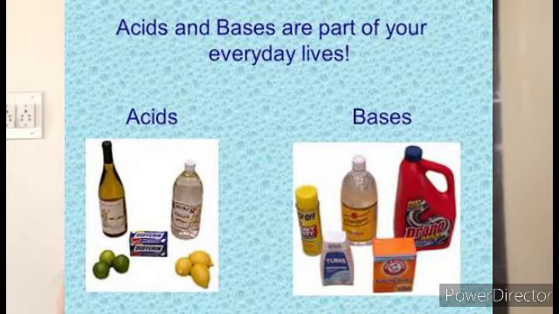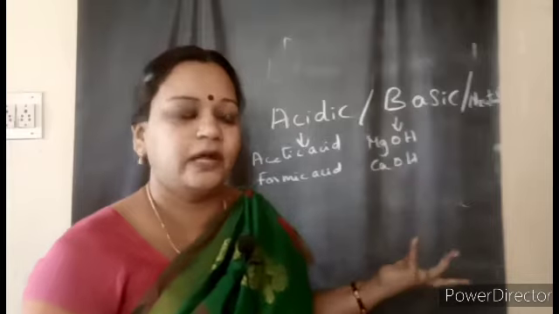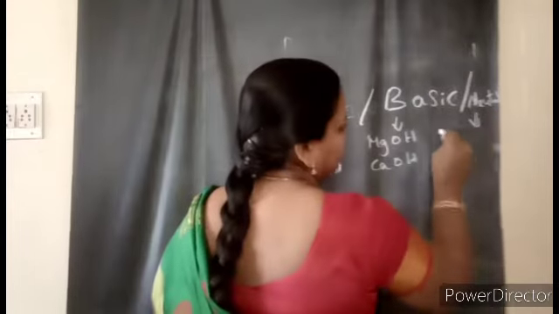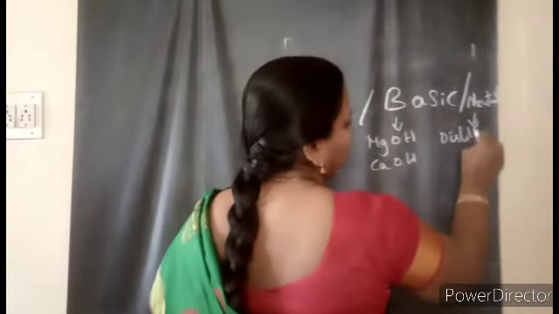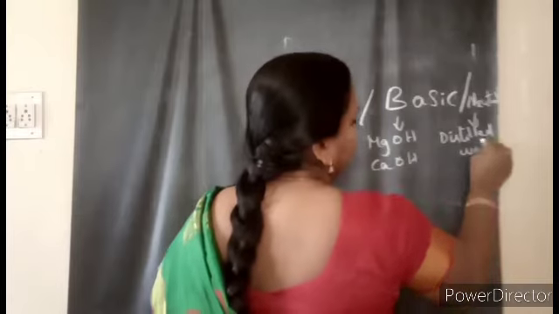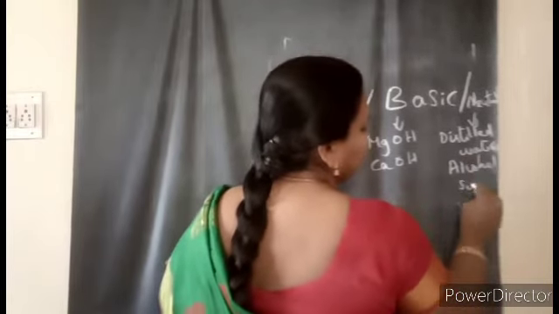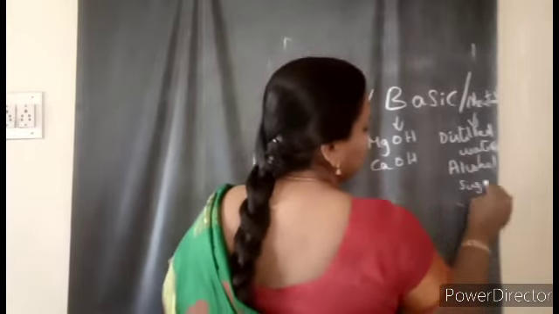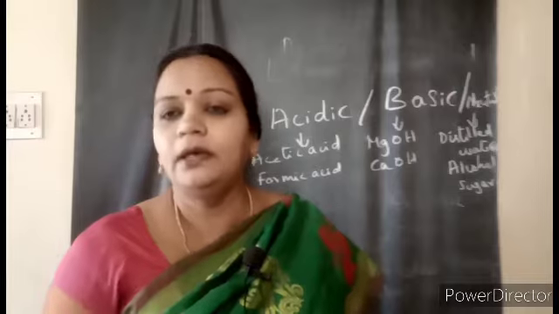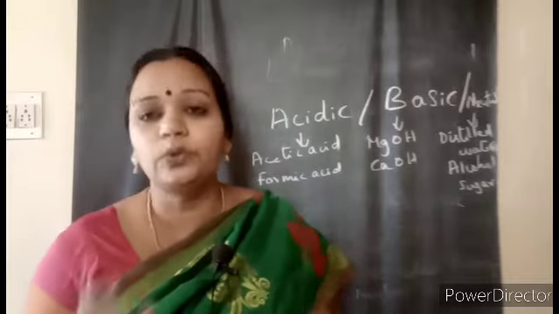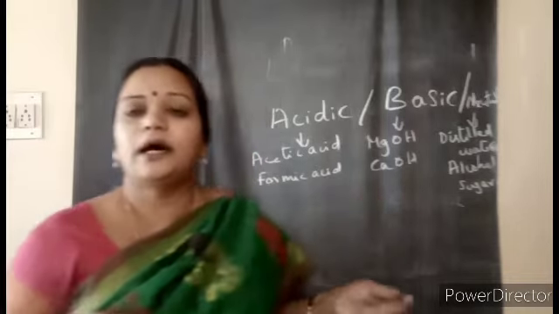So what might be the neutral solutions, madam, which we can call? Distilled water, a very pure form of water, alcohol, even sugar and salt solutions will be neutral. They will not show acidic or basic behavior.